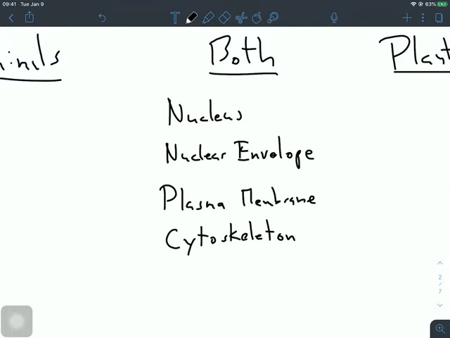The root of this word is that it is the skeleton of this cytoplasm. And cytoplasm is a term we've already introduced, cytoplasm being the cell juice. So we have the ability to move things around in our cytoplasm because there is a skeleton present in there.